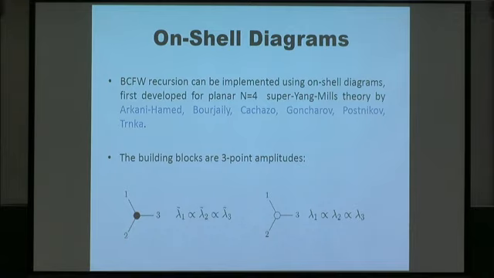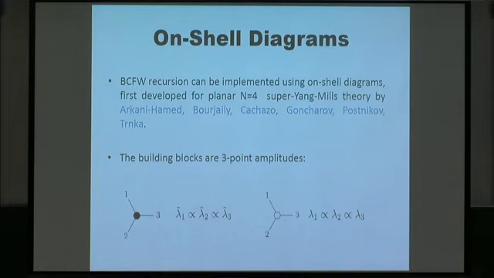And N equals 4 super Yang-Mills theory is considered by many to be one of the simplest quantum field theories in 4 dimensions, because it has maximal supersymmetry, and at the very least, it's one of the most intensively studied quantum field theories in 4 dimensions.